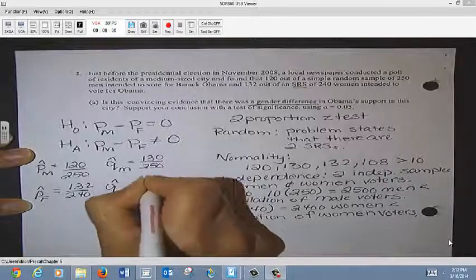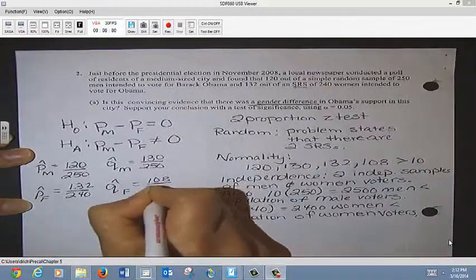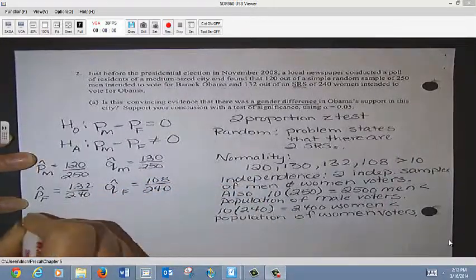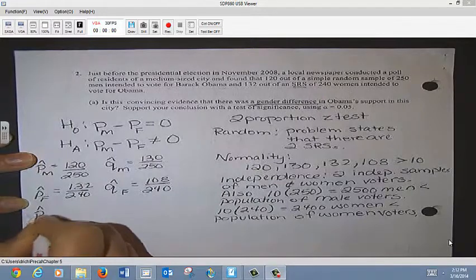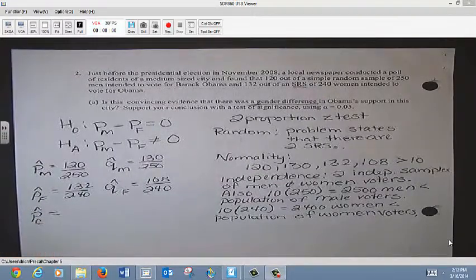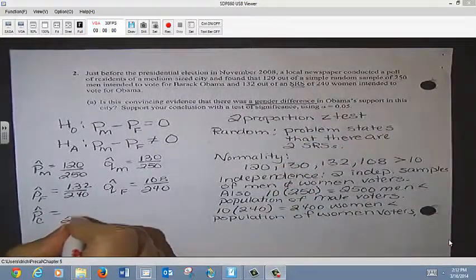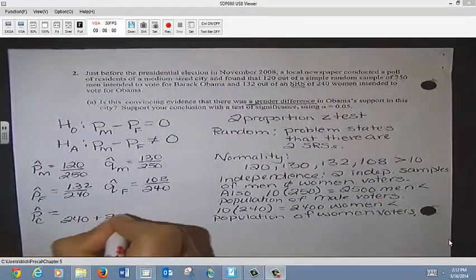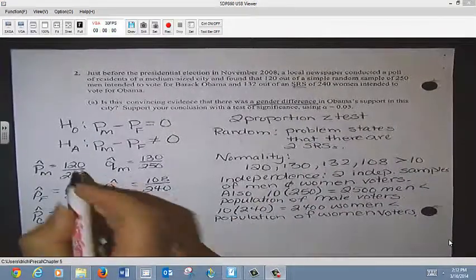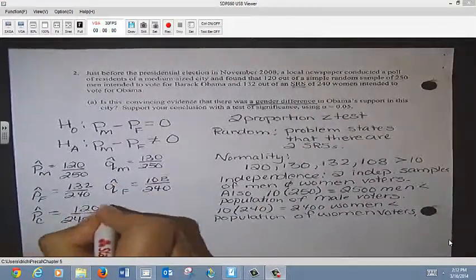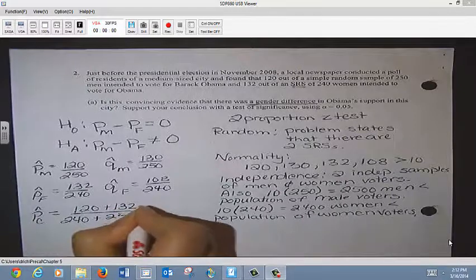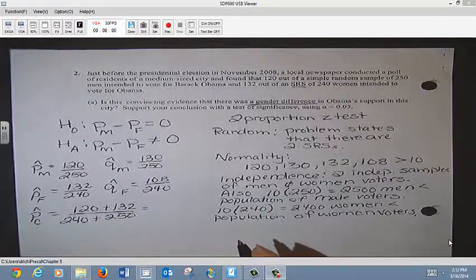Now, the big difference here is, don't forget, we need to find that combined proportion, meaning what would we expect it to be if there was no difference in male and female. So you take the whole sample together, 240 plus 250, and all the successes together, 120 plus 132, and that gives us our combined proportion, which is about 0.514.